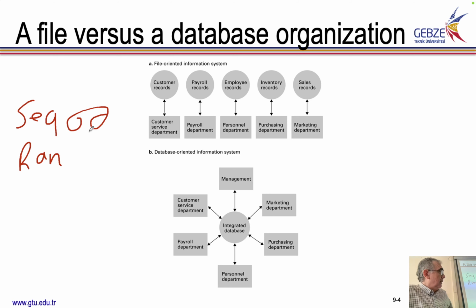So it's a good way to combine things when you have an integrated database: payroll department, personnel department, purchasing, marketing, management, whatever you have in an organization. It could be a school, so roles will be different. With a single database, I could be a personnel record, I am getting some salary, I am also doing marketing, I am doing customer service.